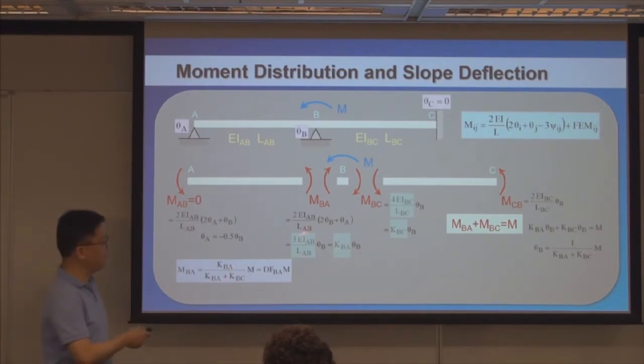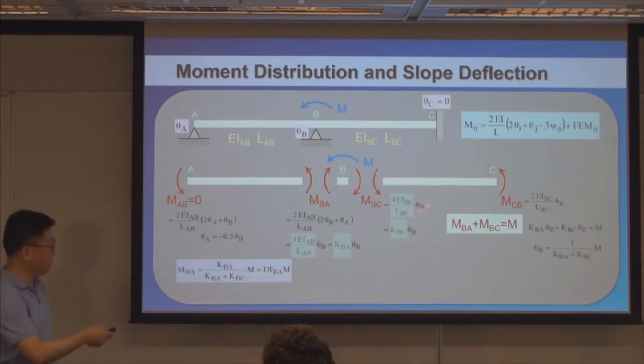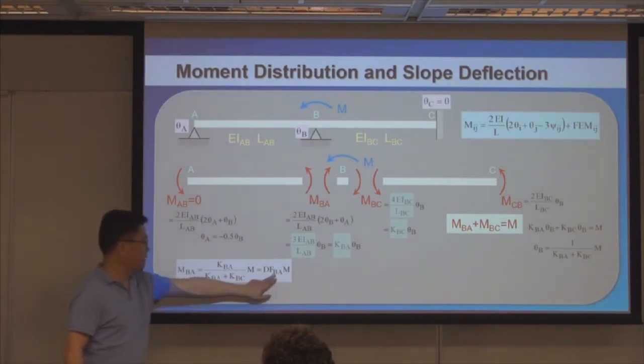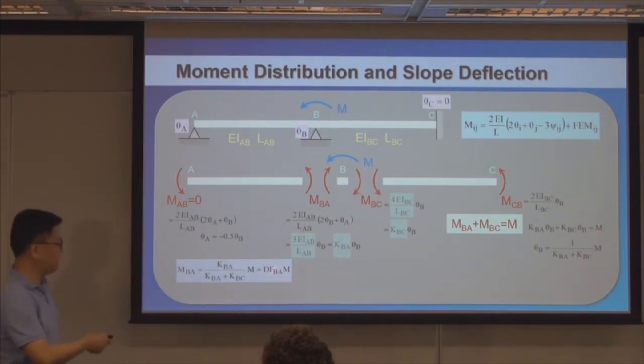And stiffness coefficients are functions of material property and length of the components, right? So KBA is equal to that, KBC is equal to that. After you obtain KBA and KBC, then you have this factor. This factor is called distribution factor BA. Notice that I have this subindex aligned with the end moment. So MBA is equal to distribution factor BA times M.